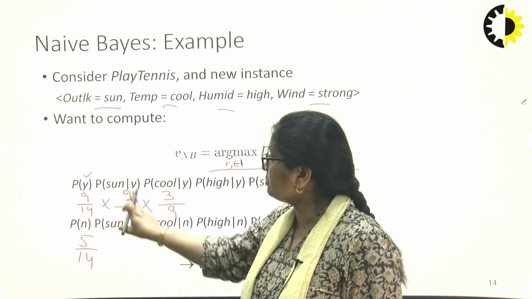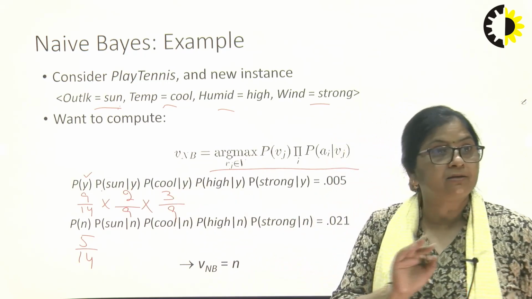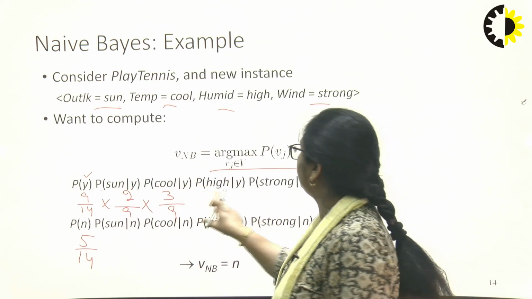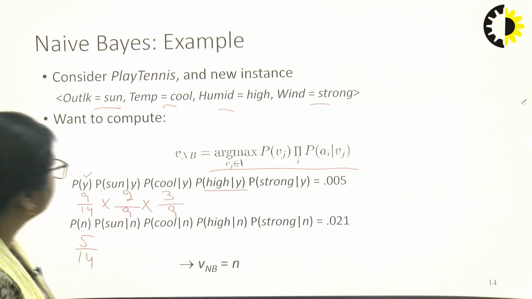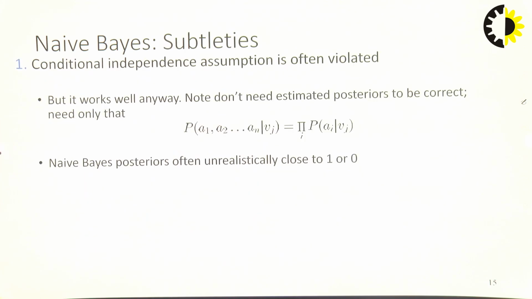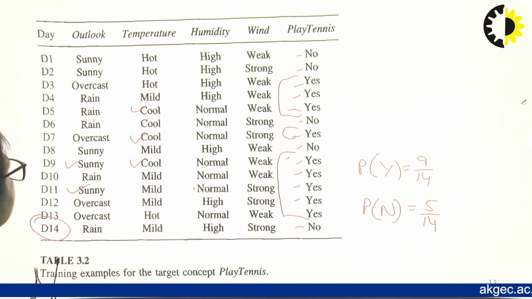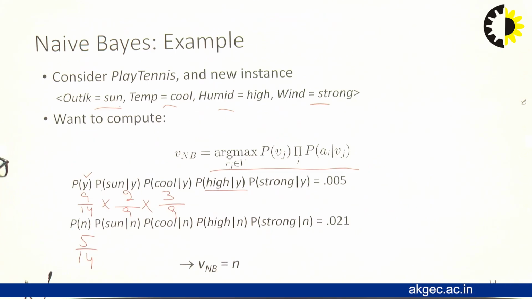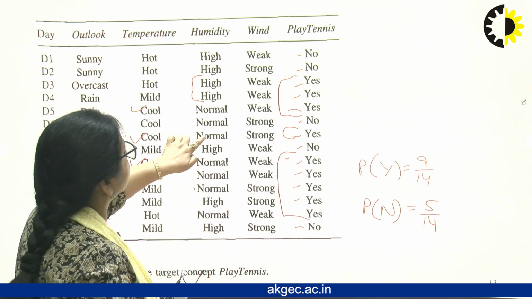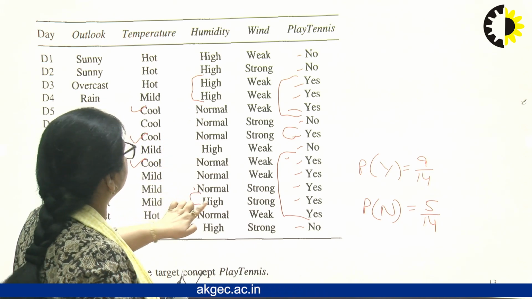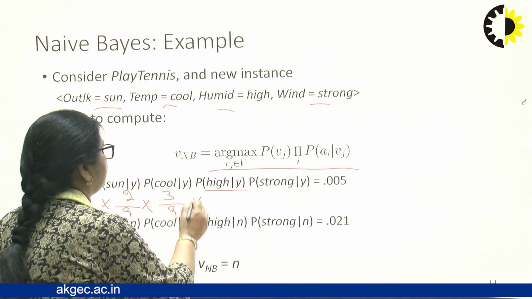In case of yes, how many are sunny, that we calculated, how many are cool, that we calculated. Same we will do for high. When it is y, humidity high: in yes, 2 high instances, 1 more high. So, it is 3 by 9.